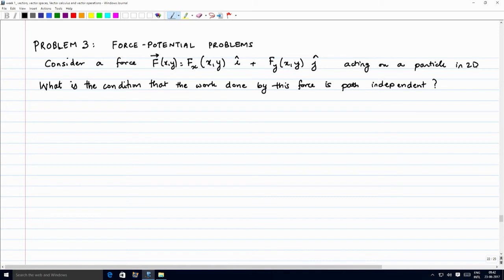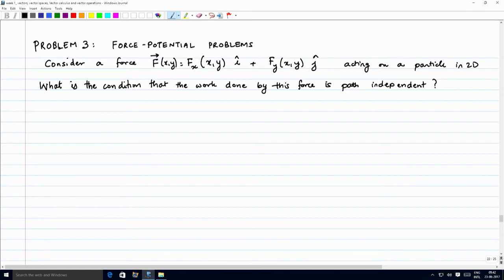So, you have a particle in 2D, and based on where it is in space, it is acted upon by a force, and the force has this form. Force is a function of x y. It has 2 components, f_x of x y times i, and f_y of x y times j. So, force is clearly a vector field.